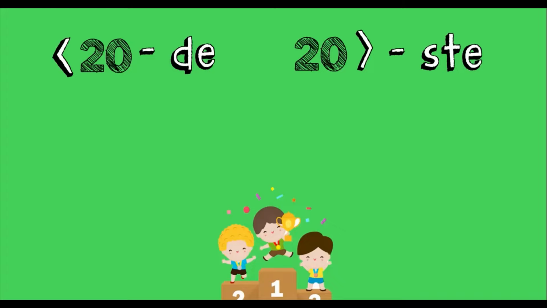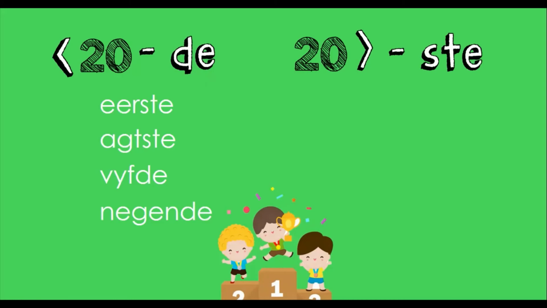However, there are 2 numbers that are smaller than 20 that do not get a D, but they get a ste. And those 2 are eerste and agtste. They don't get a D, they get a ste. Eerste, agtste, but all the rest gets a D. 5de, 9de, and then, like I said, everything from 20 and up gets a ste. 20ste, 80ste, 100ste, all the rest get a ste.